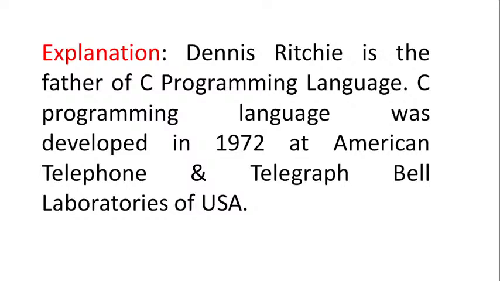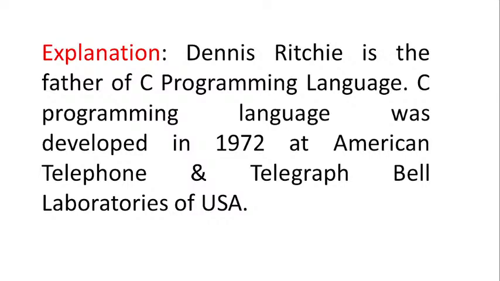This BASIC language was modified and updated, and it was called B language. Again, this B language was updated, and it is called C language. This language was developed in 1972 at Bell Telephone Laboratories.